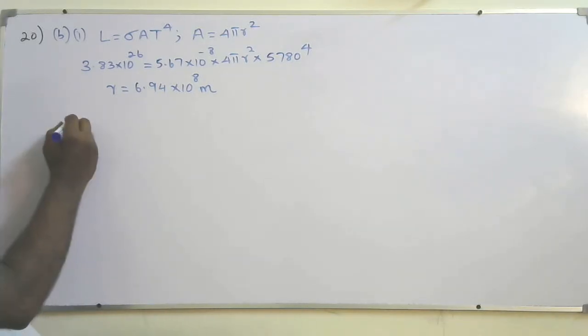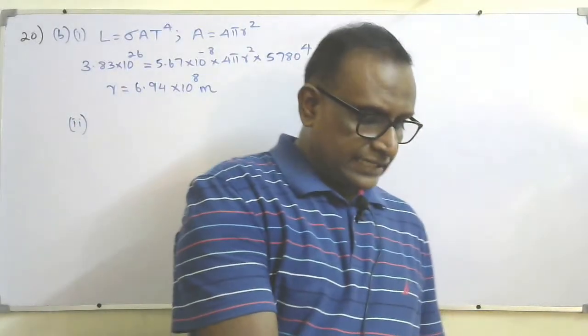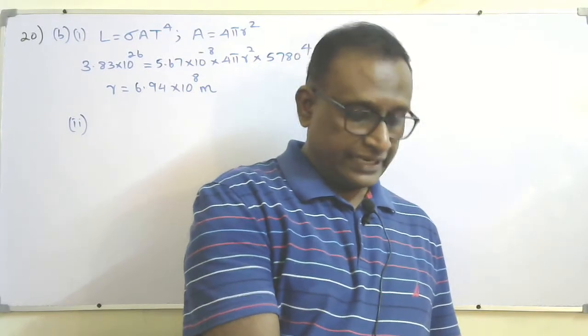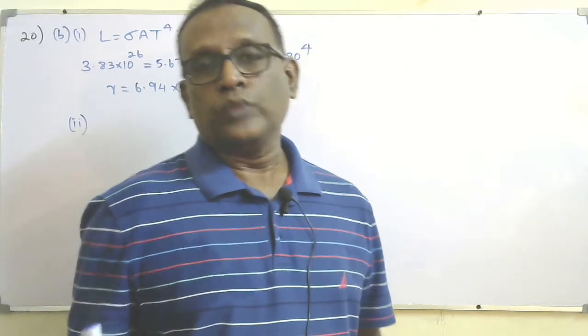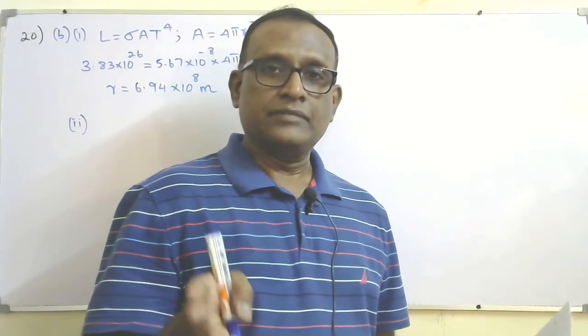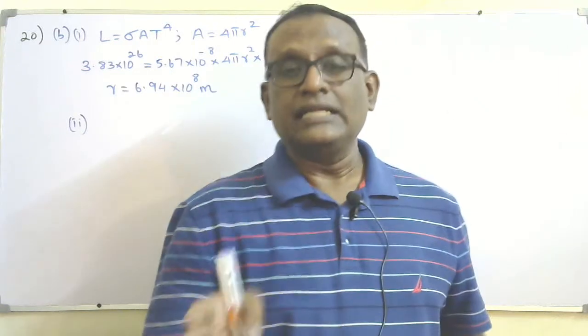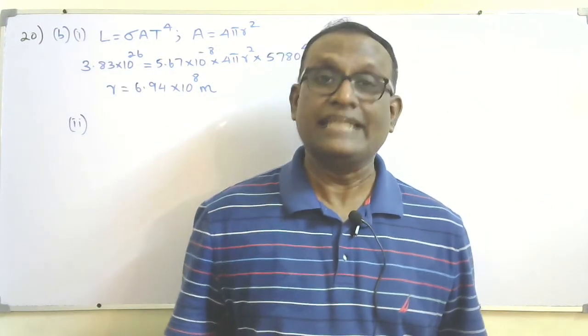Okay, B part, second part. As a red giant star, the radius of the sun will be about 150 times its current radius. When a main sequence star that is sun-like, a low mass star, leaves the main sequence, it will become a red giant. So the radius will increase, temperature will decrease.